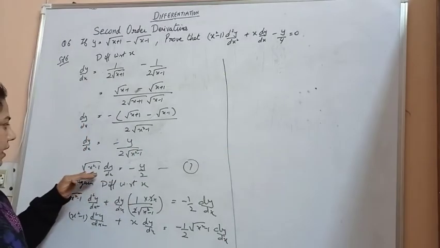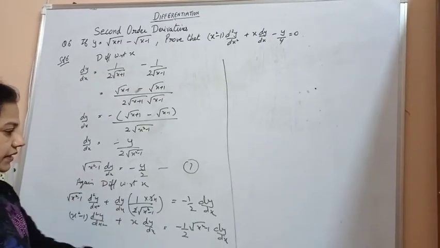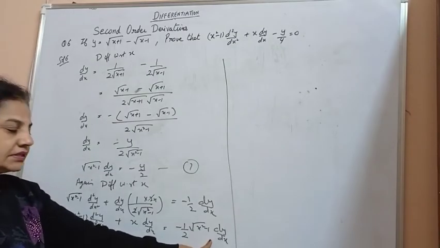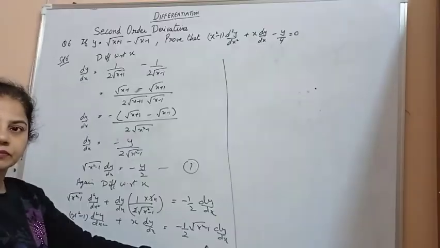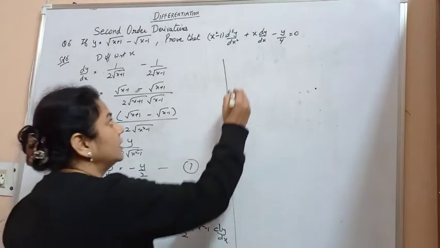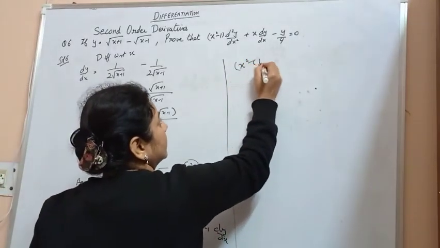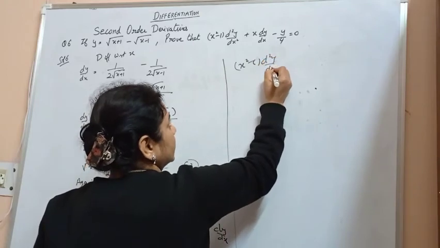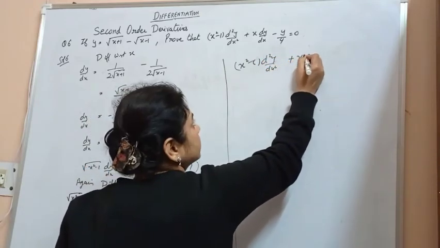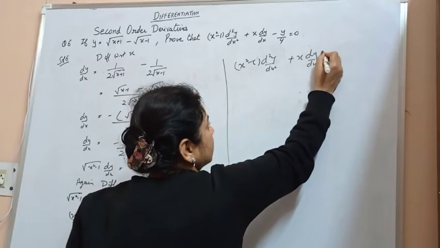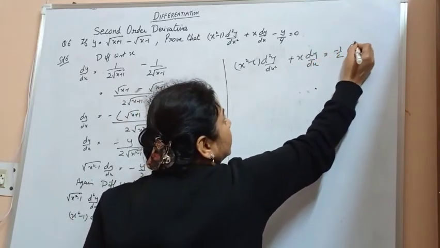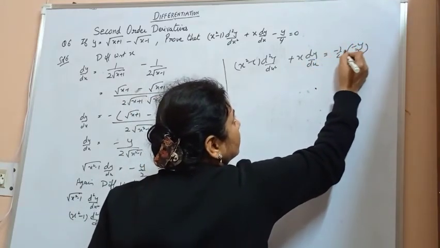From equation 1, under root x square minus 1 dy by dx, I can replace this as minus y by 2. So I have x square minus 1 d square y by dx square plus x times dy by dx is equal to minus half upon minus y by 2.